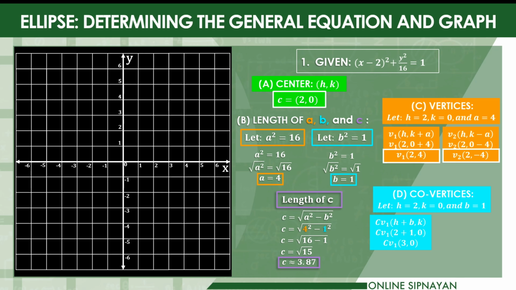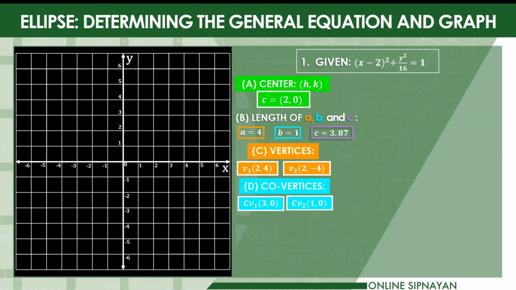Simplify, co-vertex 1 is at 3, 0. Next is the co-vertex 2, which is at h minus b, k. So substitute the values. We have 2 minus 1, 0. Simplify, we'll have co-vertex 2 at 1, 0.